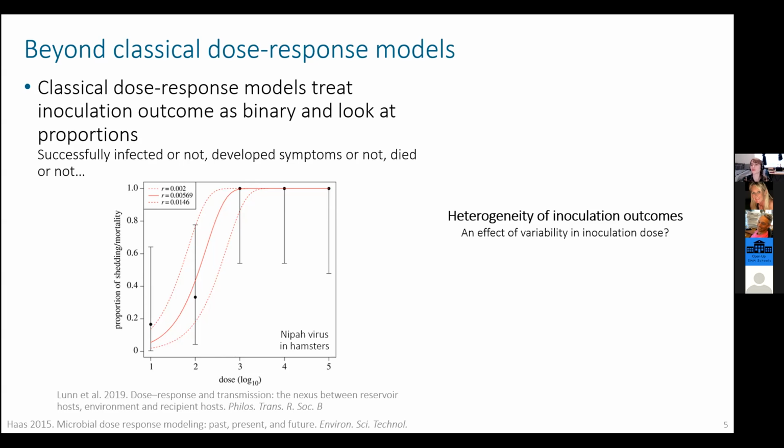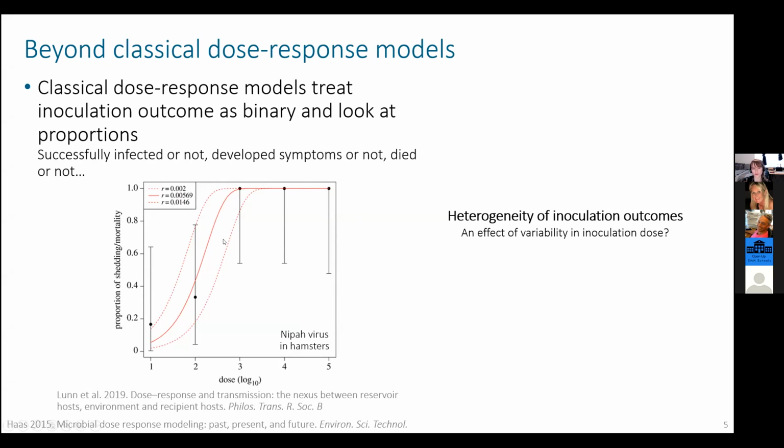Actually, related to what you were just saying, the classical dose-response models used in epidemiology are usually focused on whether you get infected or not, whether you get symptoms or not, and whether you die or not, but not on the time or other variables, really just on the binary outcome of exposure.